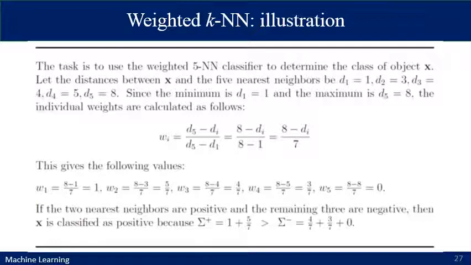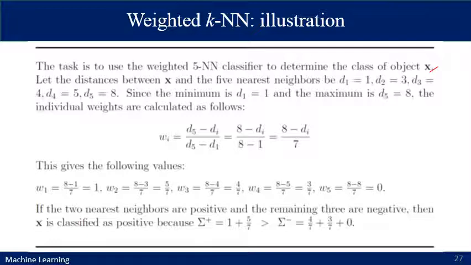So this is an illustration of weighted k nearest neighbor. The task is to use the 5 nearest neighbor classifier, which is weighted, and to determine the class of the object x. We denote the distance between x and the 5 nearest neighbors as d1 to d5.